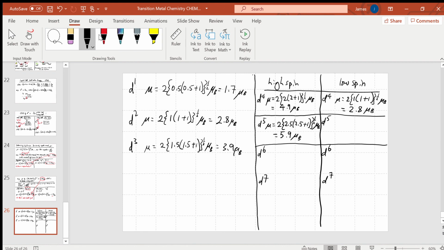If it's low spin, it would be 2. That would be 1, 2, 3. That would be 0.5. So 0.5, 0.5 plus 1, square root Bohr magneton, that would be 1.7. Again, big difference.